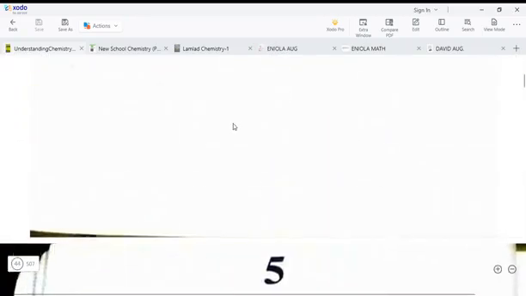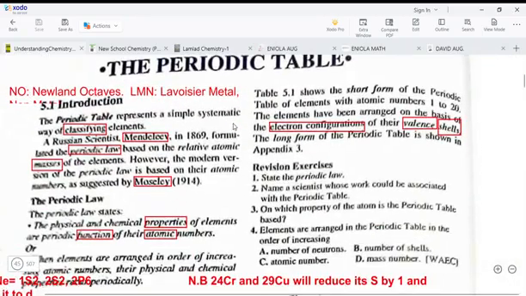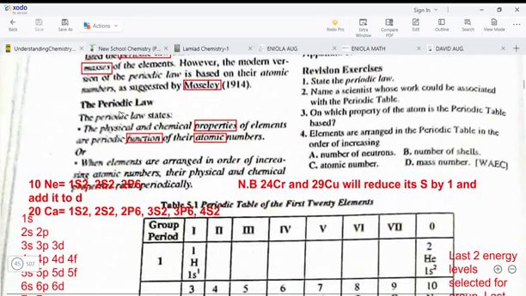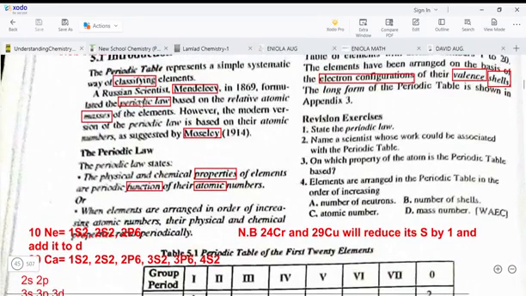And again, he gave a law, we call it the periodic law, which was based on relative atomic mass. He said elements are arranged based on their relative atomic masses. Then in 1914, Moseley stated that the same law should be based on atomic numbers, not relative atomic mass.